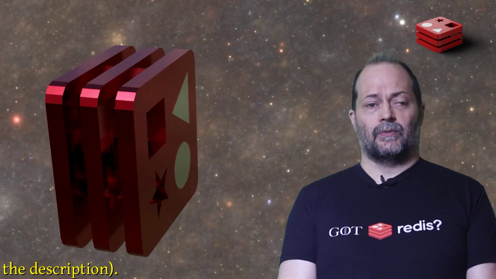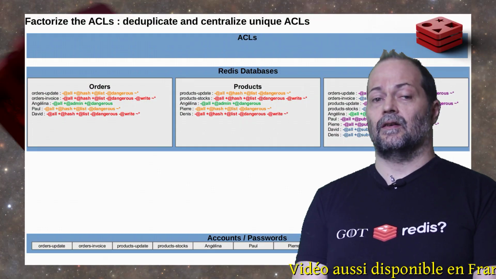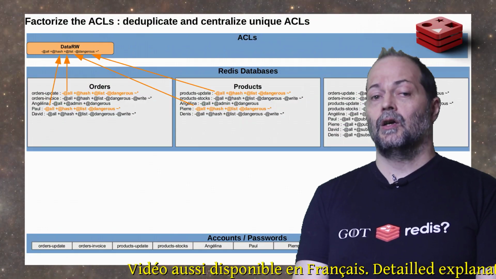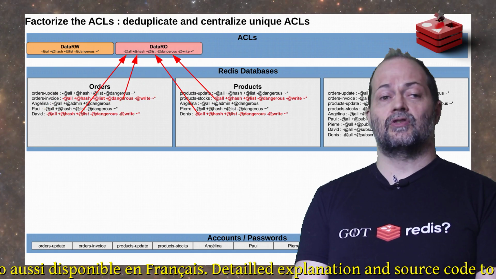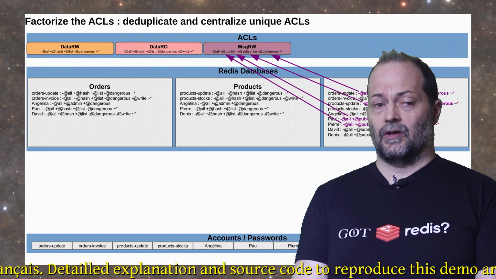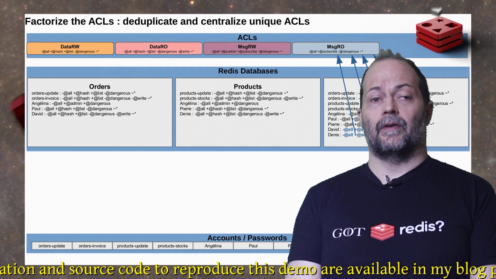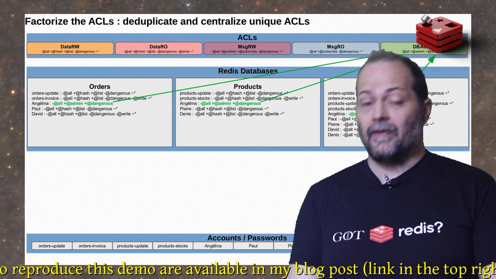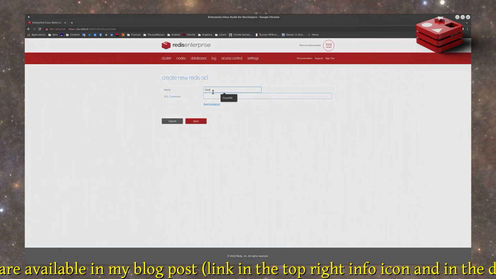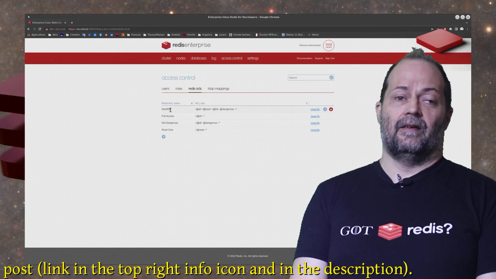We can create the ACLs. We identify five distinct ACLs: read-write access or read-only access to data, publish-subscribe or subscribe-only access to channels, and database administration. These ACLs can be created with the web interface and with the REST API.